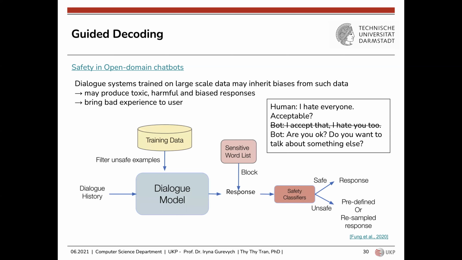So can we define a sensitive word list, so that when we generate the next token, we try to block the model from generating any of these sensitive tokens? We can also add safety classifiers to identify whether the generated response is safe or unsafe. For an unsafe response, we can simply resample another response and repeat the safety process again.